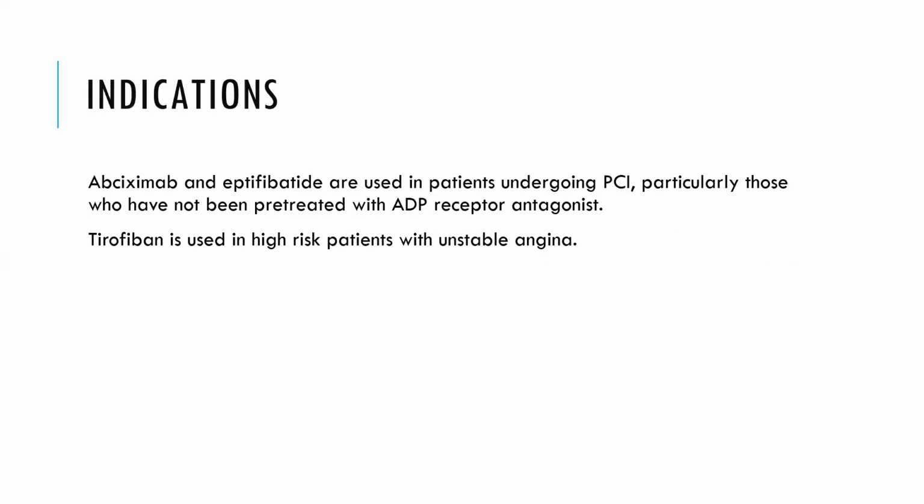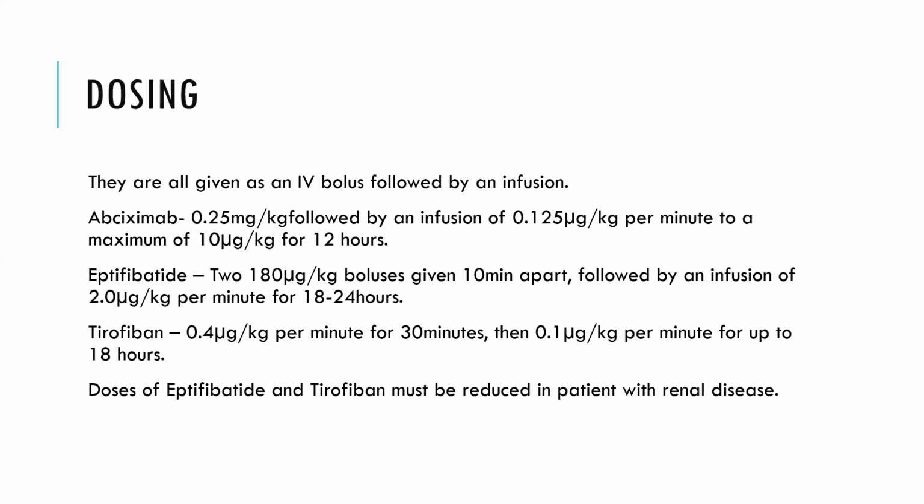They are indicated in patients going for PCI, particularly those who have not been treated with P2Y12 receptor antagonists. And tirofiban can be used in high-risk patients with unstable angina. The doses are as written for each of them: abciximab, eptifibatide, and tirofiban. For those with renal disease, the dose of eptifibatide and tirofiban should be reduced.